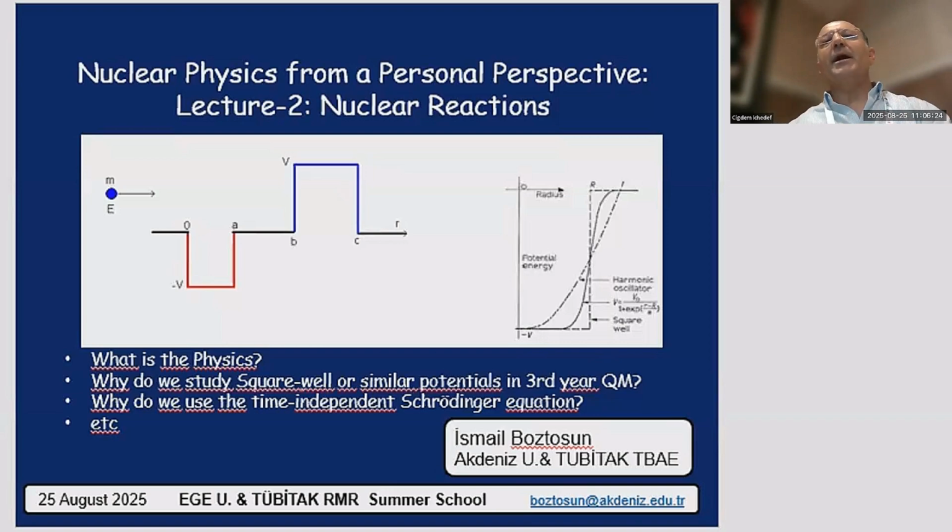Now, when you have a reaction, the observable is called cross-section, but what you obtain in the experiment is either angular distribution or excitation function. In the case of angular distribution, you have a well-defined energy, E, and the scattering takes place through the angles located at different detectors at different angles.